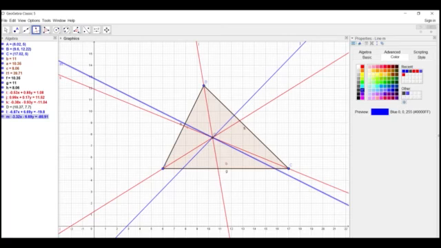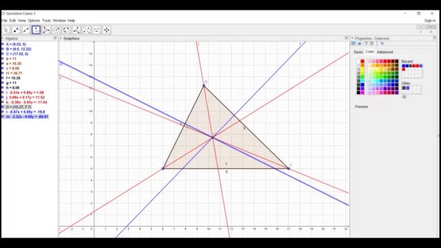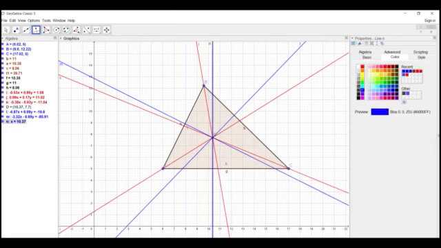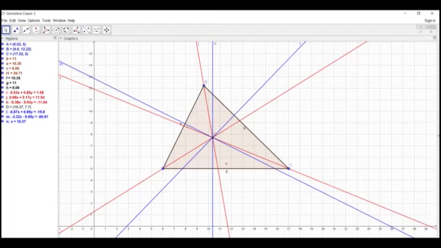Then another perpendicular line from D to BC. Yes, we have done the three perpendicular lines. So let this point be.